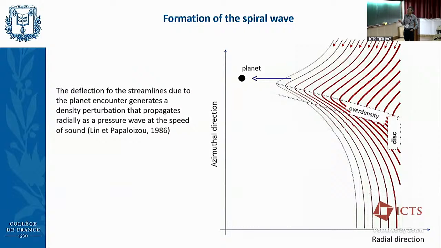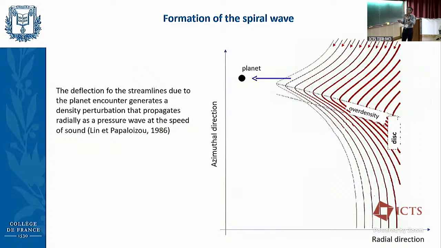And this overdensity then propagates radially as a pressure wave at the speed of sound, because the way gas communicates with itself is through pressure. And so all density perturbations propagate as pressure waves at the sound speed. And so this is the radial propagation of this compression that the gas suffers.